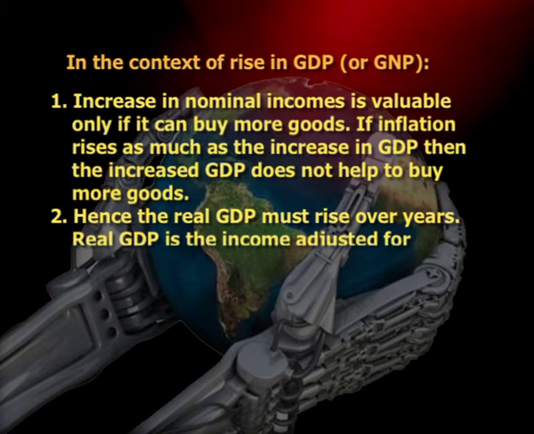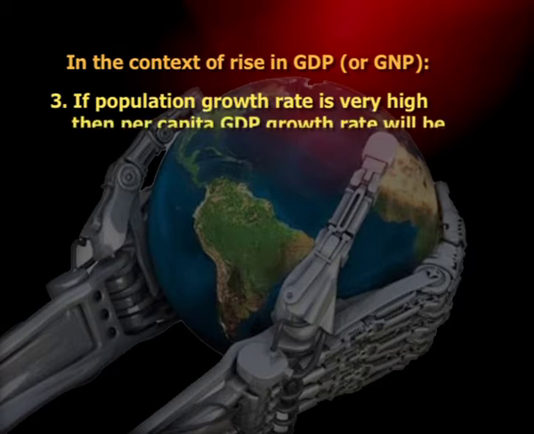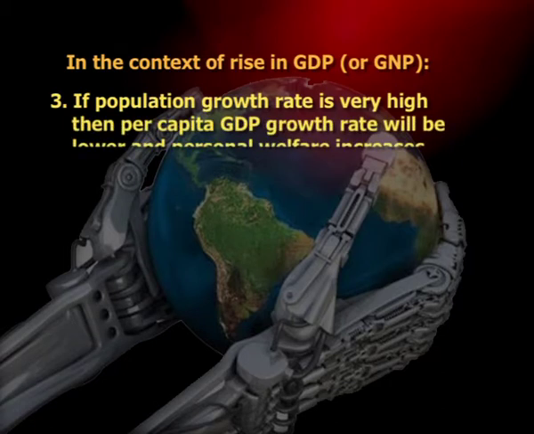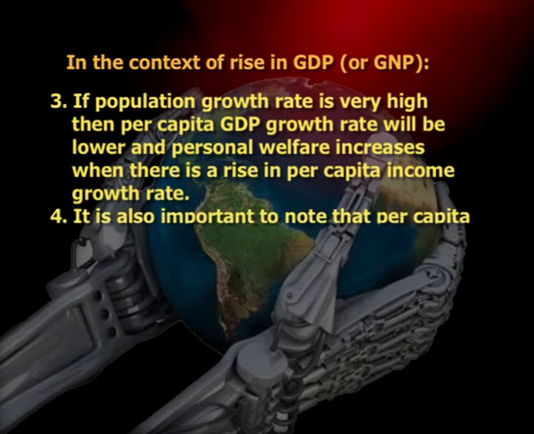Hence, the real GDP must rise over years. Real GDP is the income adjusted for inflation. If population growth rate is very high, then per capita GDP growth rate will be lower, and personal welfare increases when there is a rise in per capita income growth rate.